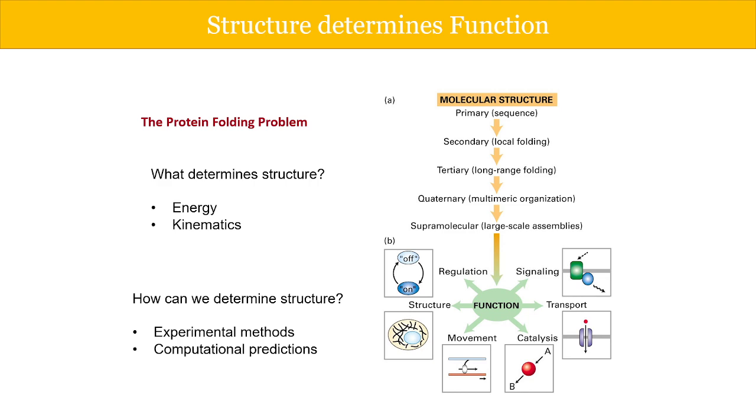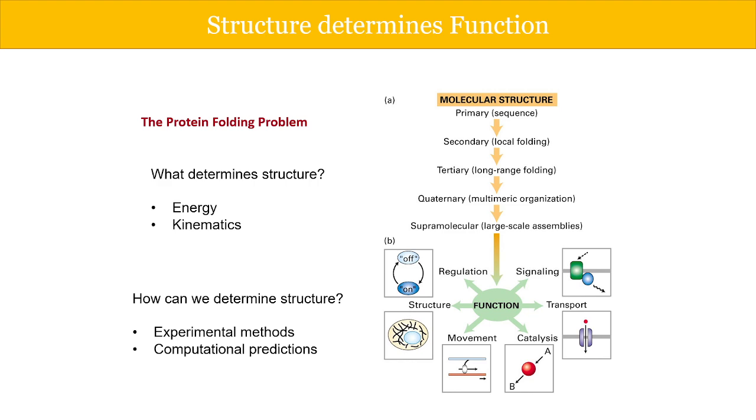So what determines the structure? The energy and the kinetics control the protein folding problem. So how can we determine the structure of proteins, and why are these proteins very important? Because proteins are important in carrying out functions like cellular regulation, cell signaling, maintenance of the structure of other proteins.